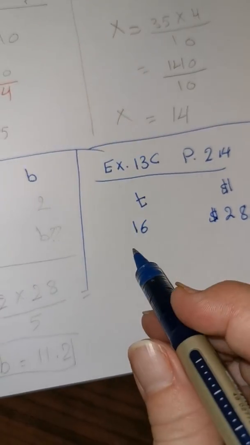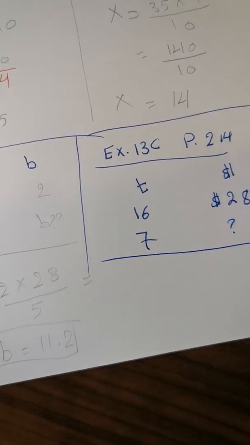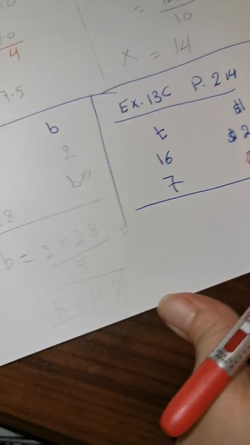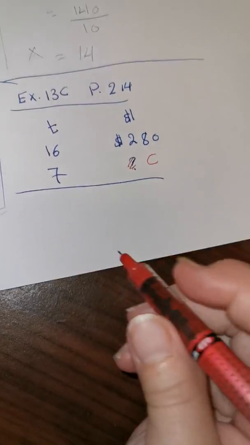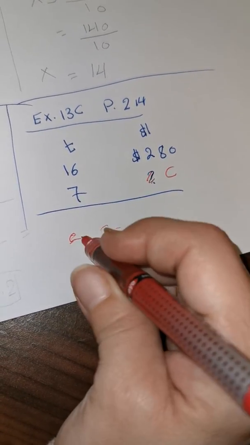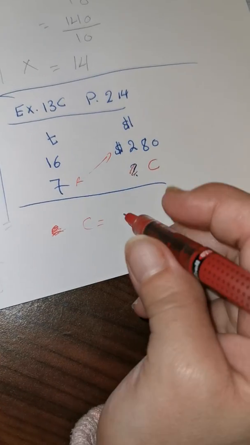Let's say the cost is C. By cross multiplication, C equals diagonal line, then divide by 16.